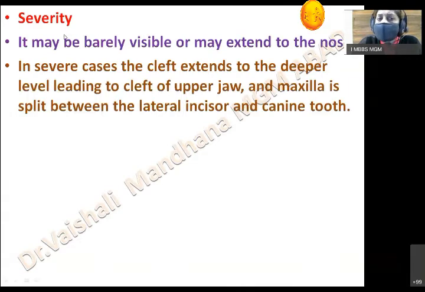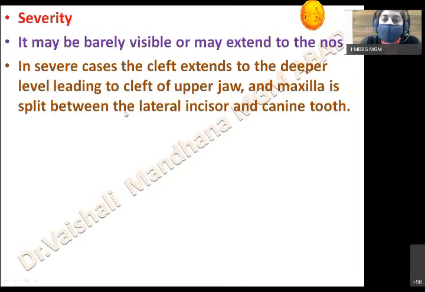Then severity. Severity of the cleft lip varies. It may be a barely visible cleft lip, or it may extend to the upper jaw, leading to a cleft of the upper jaw, or a split in the maxilla. That time, the cleft passes between the lateral incisor teeth and the canine teeth.